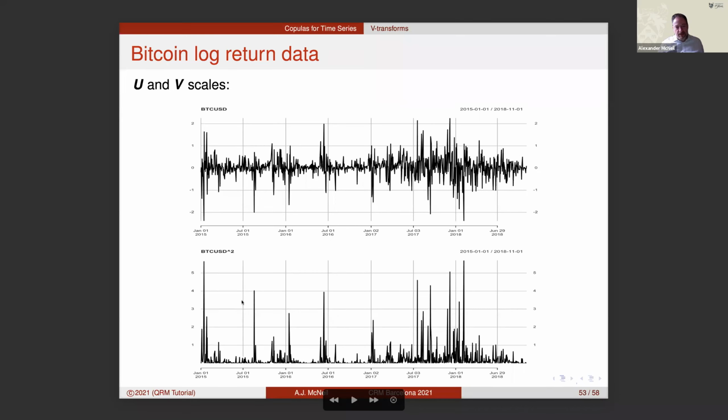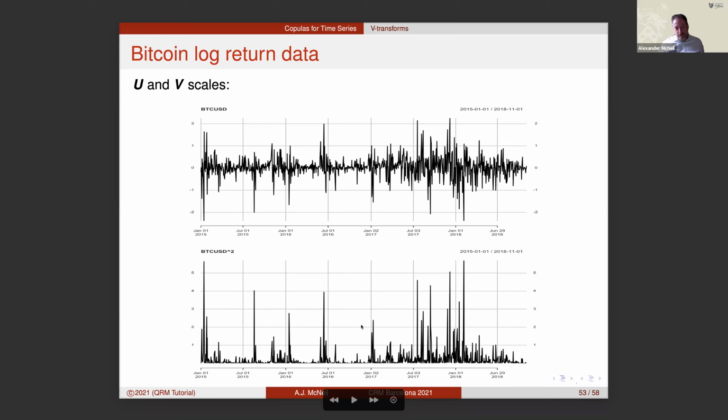But the V scale is what happens if I remove the signs. So you're probably aware that if you take a financial time series and you square it, or you take the absolute value, you can find the serial dependence more easily in the squared process. If I did the ACF of those data, I would struggle to find much serial correlation. The autocorrelation function would look like that of independent data, but these are not independent data.